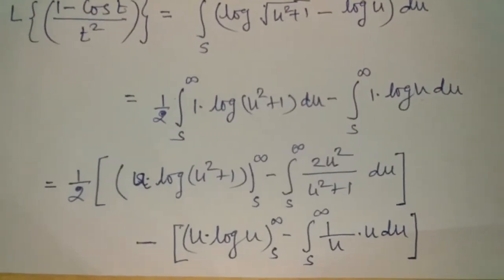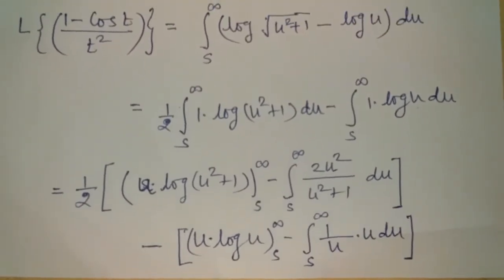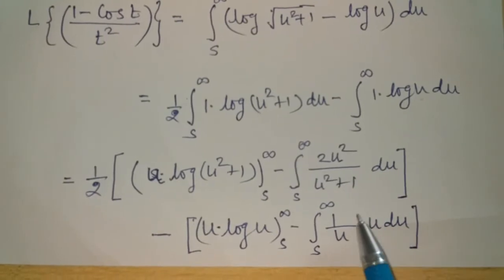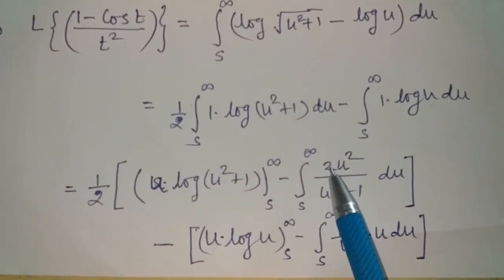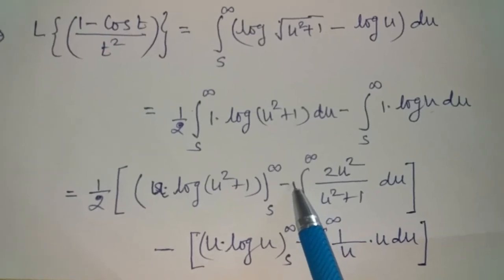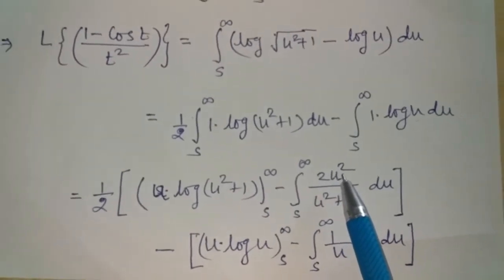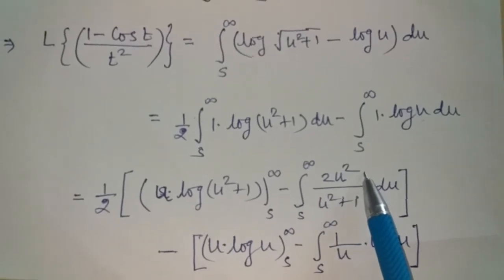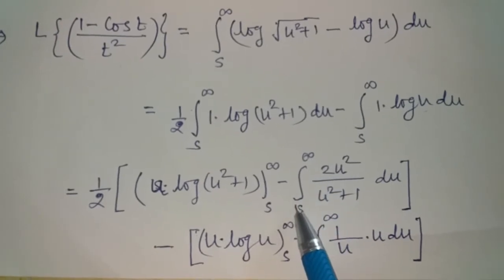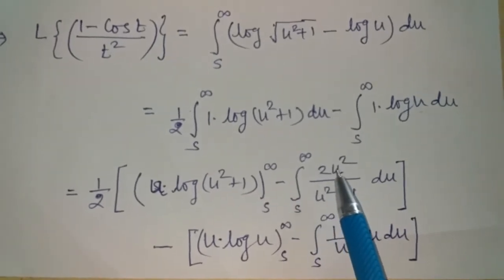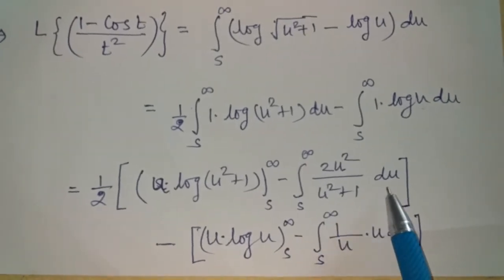In the next step, u and u cancel, so we have du only in this integral, and in this integral 2 is a constant multiple, so we write it outside the sign of integral, and we have u square in the numerator. Then we add and subtract 1 in the numerator, so we get 2 into the integral from s to infinity of (u square plus 1 minus 1) upon u square plus 1 du.